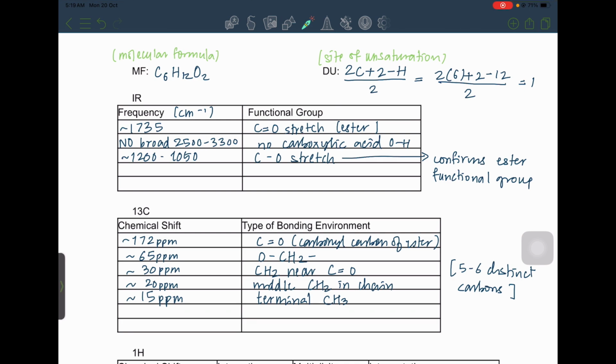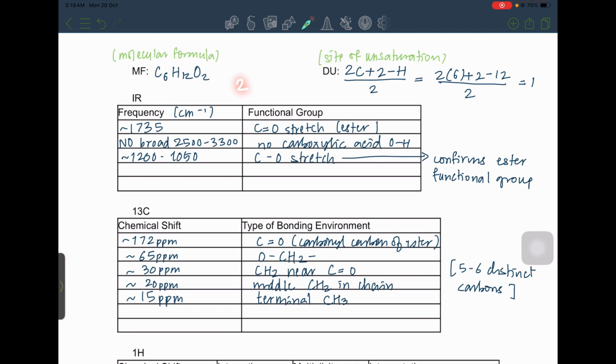Alright, so the very first thing is obviously the degree of unsaturation. We're going to be using the molecular formula that we have written here. The number of carbon and hydrogen are what we need. The formula goes: the number of carbons times 2, we add 2 to that, and then we subtract the number of hydrogens, and finally we divide everything by 2.